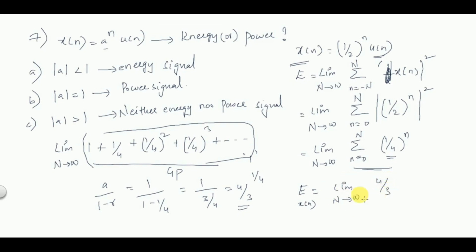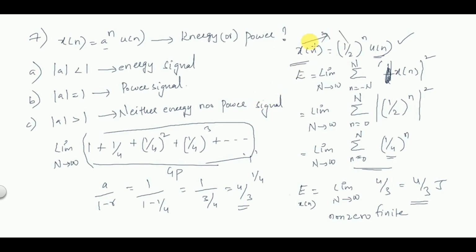Since no infinity is there, its value is equal to 4 by 3 joule. So energy is a non-zero finite value, and we can say that the given signal is an energy signal.